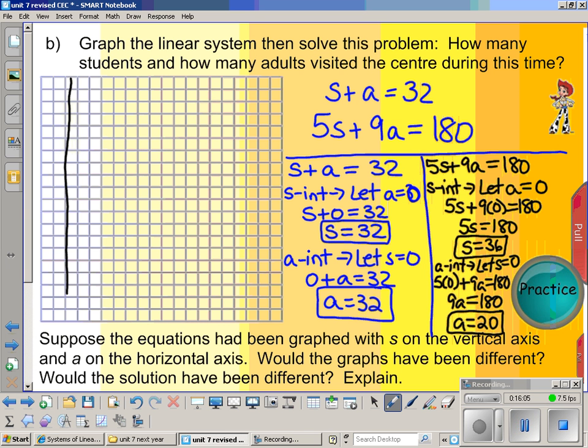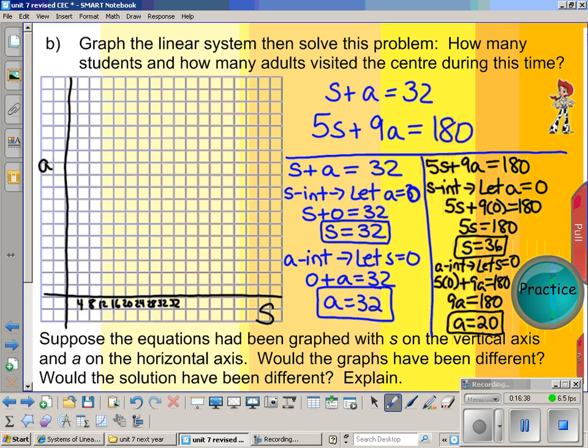So we got 4, 8, 12, 16, 20, 24, 28, 32, 36. In the A's, we have a 32 and a 20. Again, both are divisible by 4s. We probably could have spaced it out even a little bit more, but this will work.